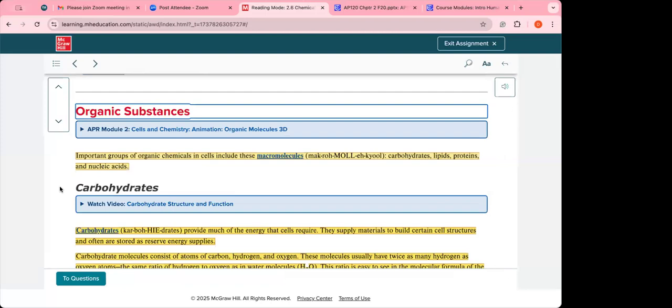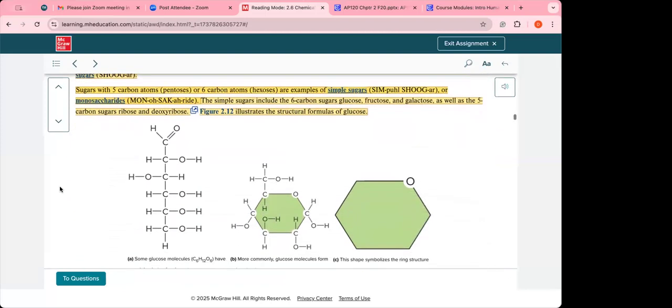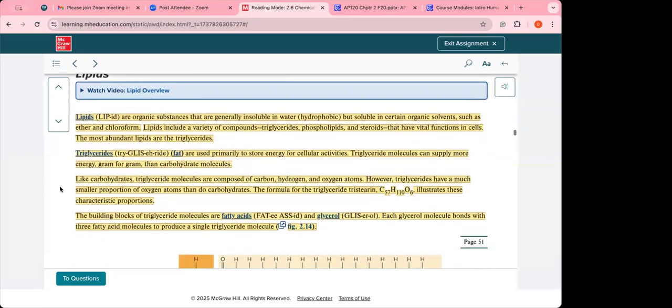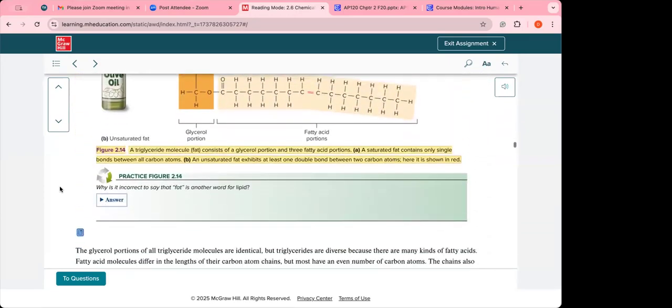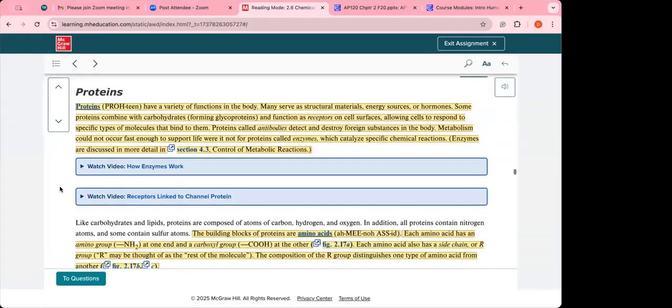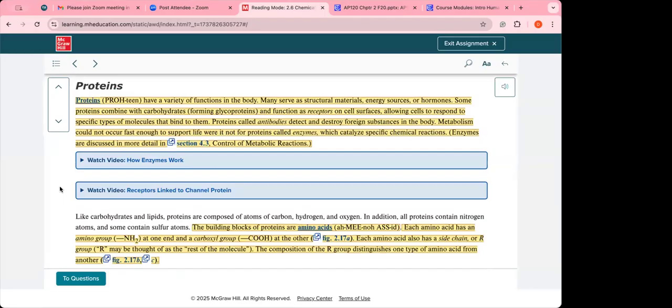No, that's not carbs. It should be under protein. Protein.